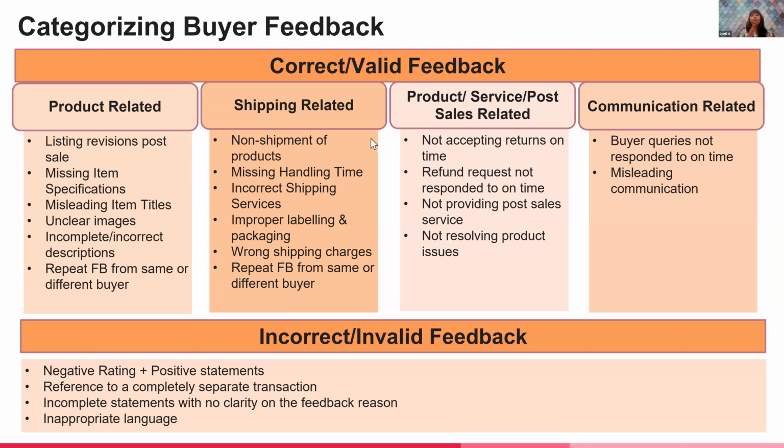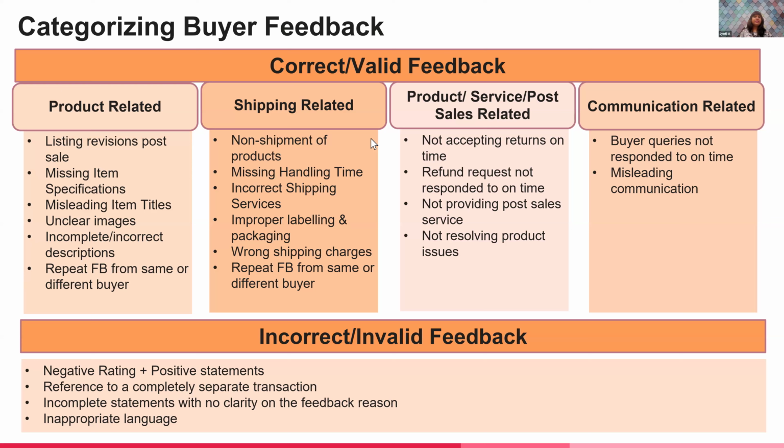Now, let's talk about each of these sections under correct and valid feedback. If you have received feedback talking about the product, right? And we find that this particular negative or neutral feedback that the buyer has left for you is because of some kind of revisions that you've done in your listings.